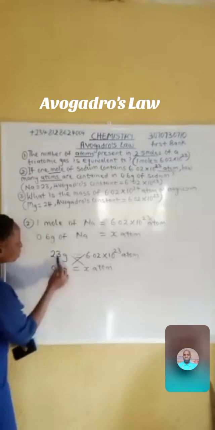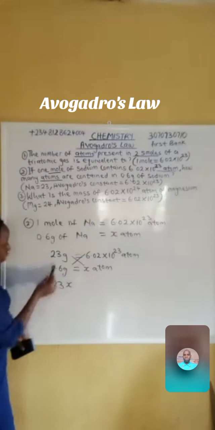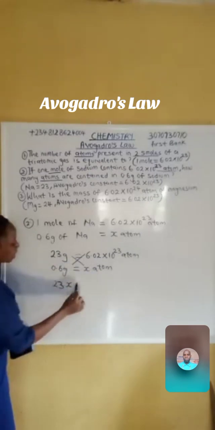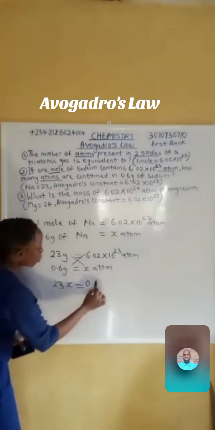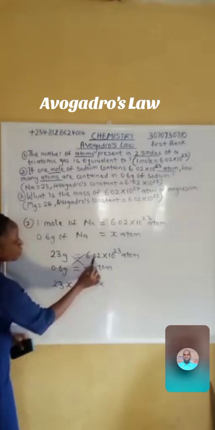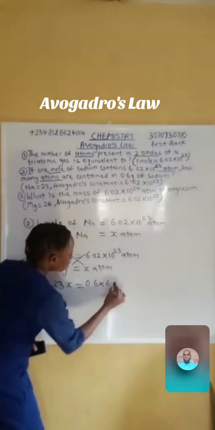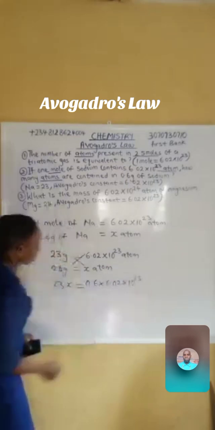So X atom times 23 gram, that will be 23 times X. Forget about the units. 23X equals 0.6 multiplied by 6.02 times 10 raised to power 23.